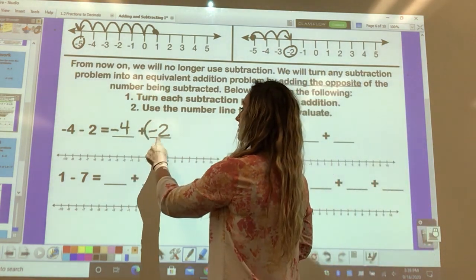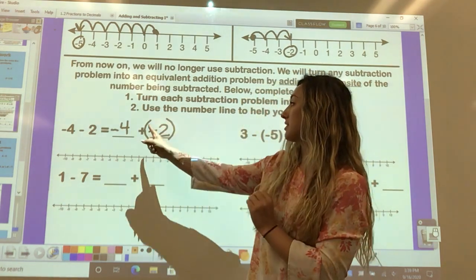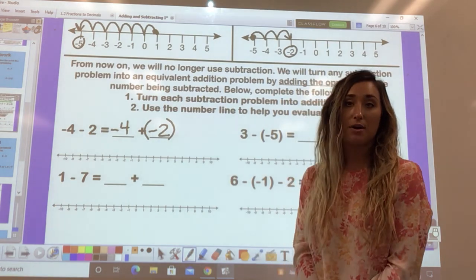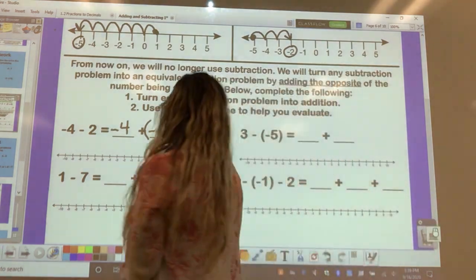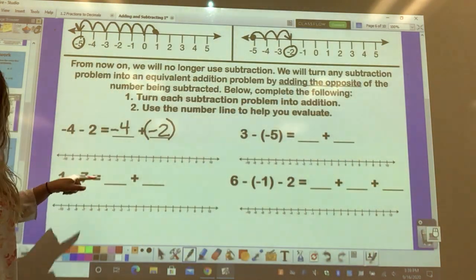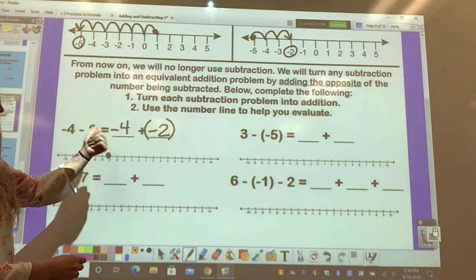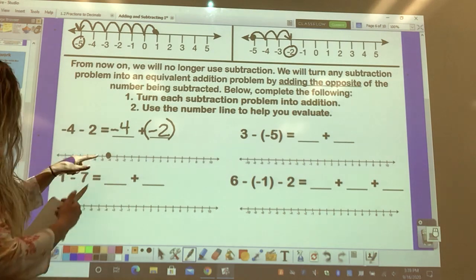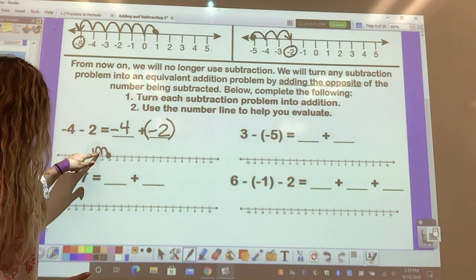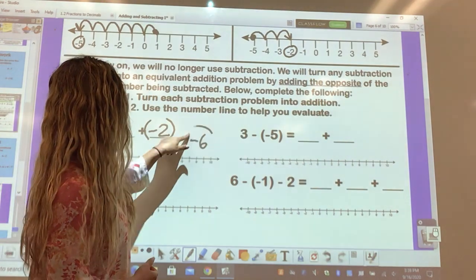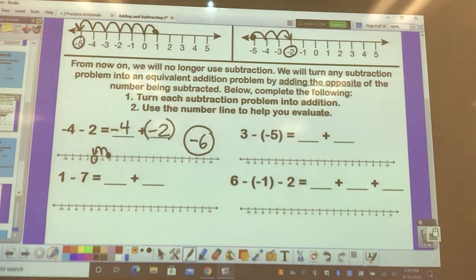Typically, we like to put these in parentheses just to separate the plus sign from the negative sign. So that's how I'll write it there. And using the number line, we start at negative 4, and we're adding negative 2 or subtracting 2, both requiring us to move to the left, taking us to negative 6. So negative 6 is our answer there.